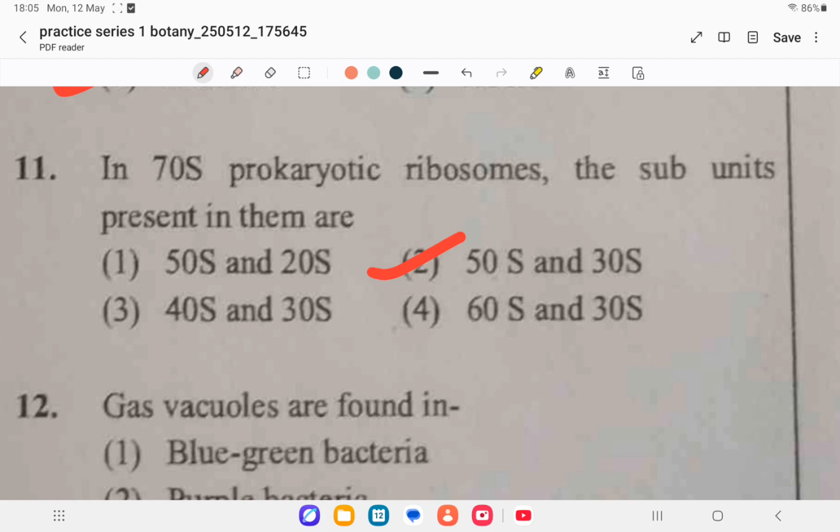You might say, ma'am, if we add 50 and 30, it becomes 80, not 70. But experimentally, when we calculated it, it was 50 and 30. So here we take the experimental values. In a centrifuge machine, when we do it practically, we get this kind of value, so we have to go with the experimental value. I think this much explanation is enough.